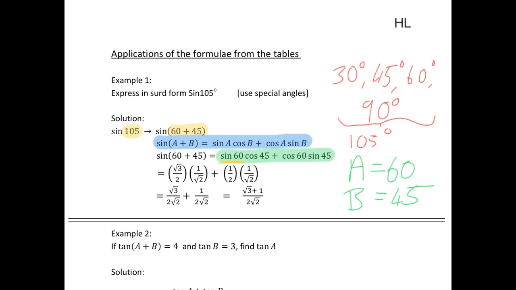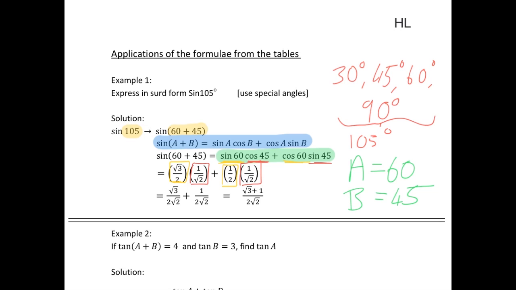So sine of 60 is root 3 over 2, and so on. So cosine of 45 is 1 over root 2, and likewise sine of 45 is 1 over root 2, and cosine of 60 is a half.